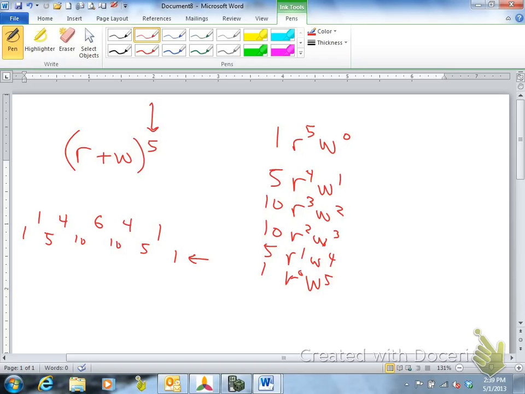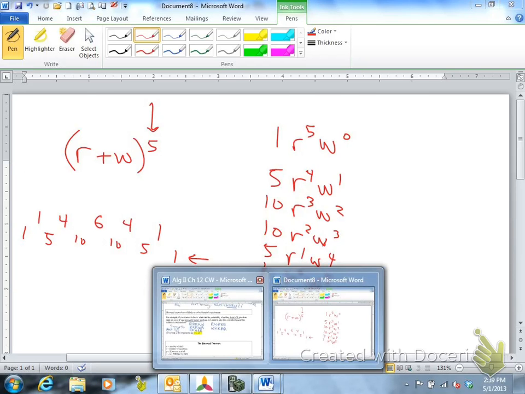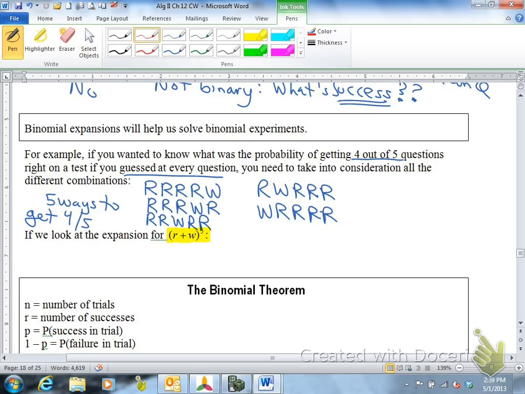This is in the last chapter. And what I want you to notice, well, let me rewrite it on this page. What I want you to notice is you have r to the 5th plus 5 r to the 4th w, plus 10 r to the 3rd w squared, plus 10 r squared w cubed, plus 5 r w to the 4th, plus w to the 5th.